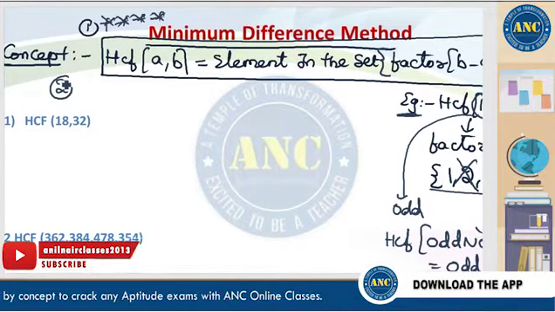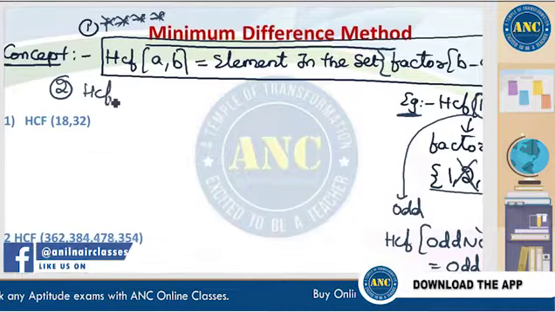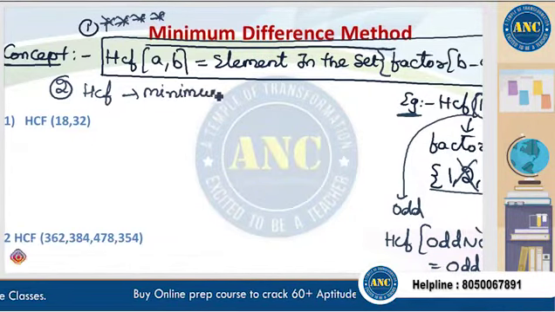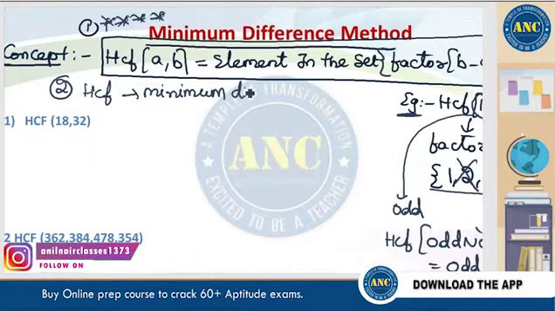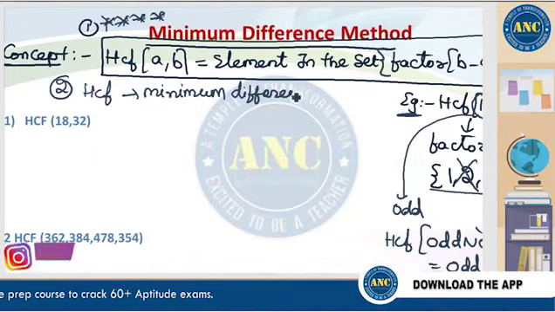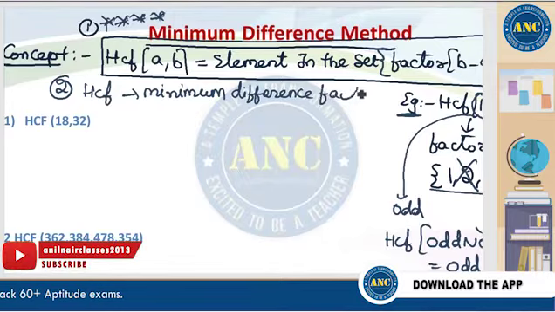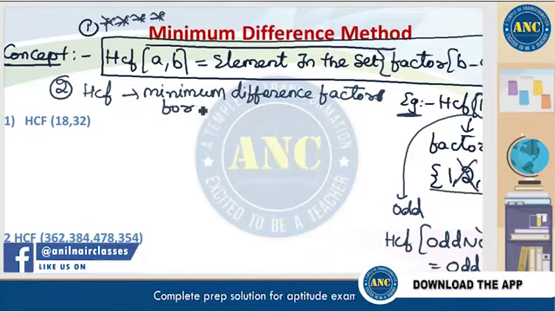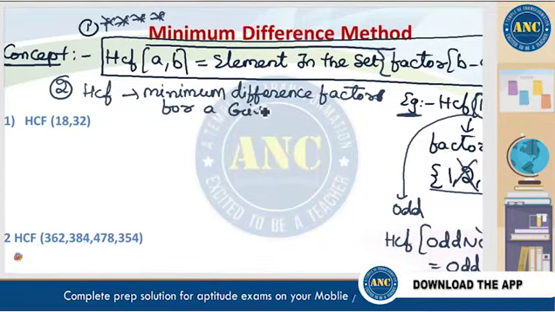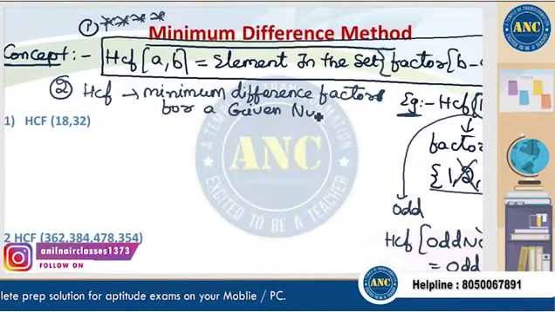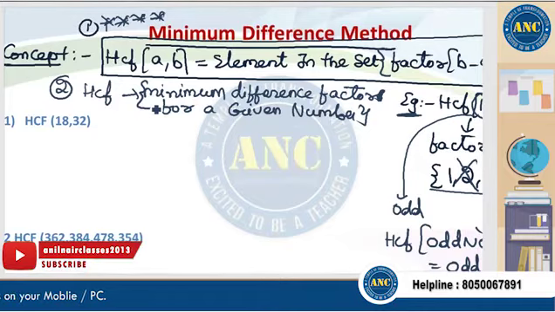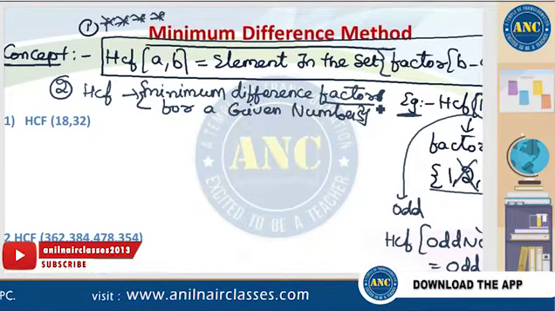Second one. HCF is always the minimum difference factor. HCF is always the minimum difference for a given number factor. Take the minimum difference for given numbers and take the factor.